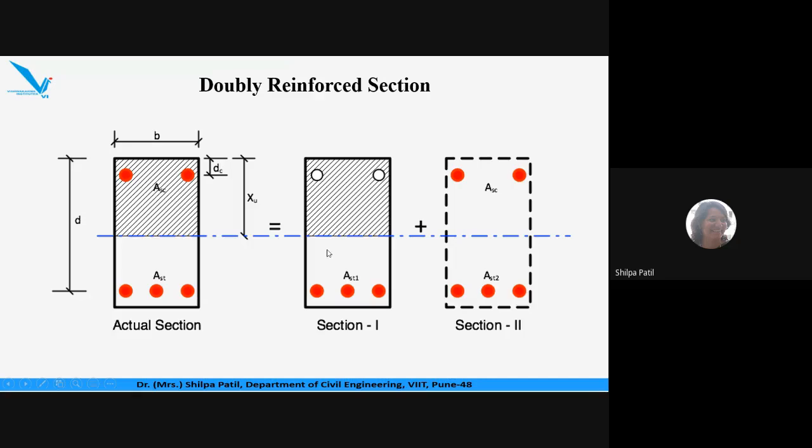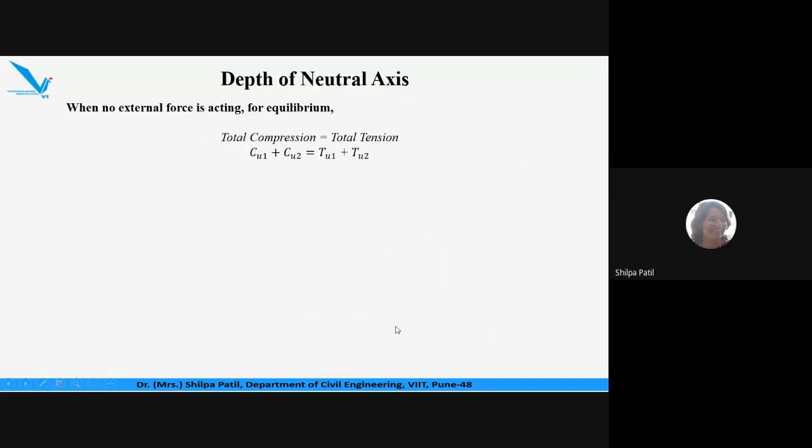In this section, at this location, no material is present. So the stress related to this particular part or area we need to subtract, and that's why this expression includes FCC.